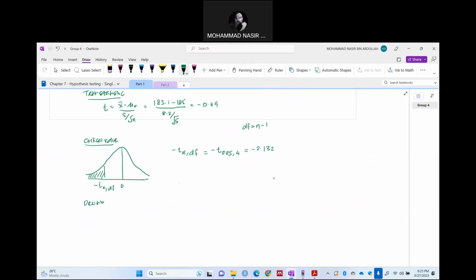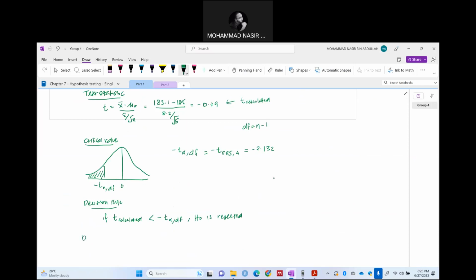So the decision rule is still the same as previous. Decision rule: if T calculated, so this is T calculated, right? Lies inside the rejection region, then we will reject the null hypothesis. So in this one, if T calculated is less than negative T alpha with degree of freedom, the null hypothesis is rejected.